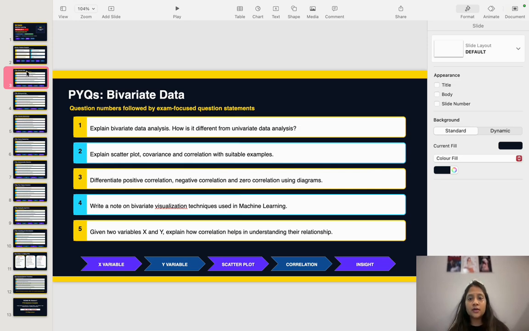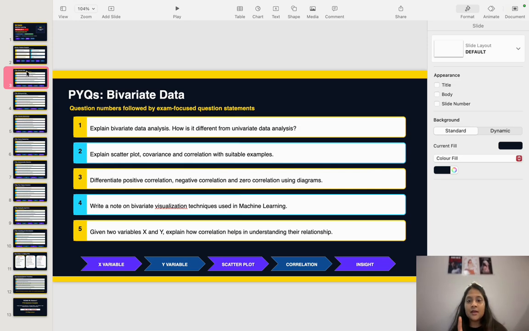Explain bivariate data analysis with a suitable example. Bivariate data analysis means analyzing the relationship between two variables. For example, study hours and marks, height and weight, or advertisement cost and sales. The main purpose is to find whether two variables are related or not.